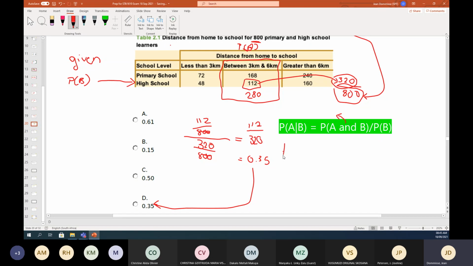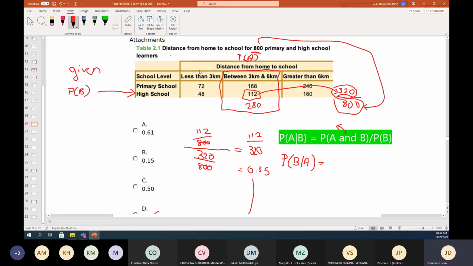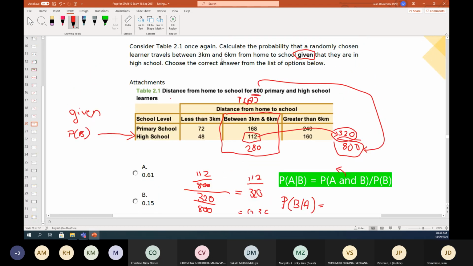I want to show you if it was the other way around. So if I said to us, calculate the probability that a randomly chosen learner is in high school, given that they are traveling between 3 and 6 kilometers.